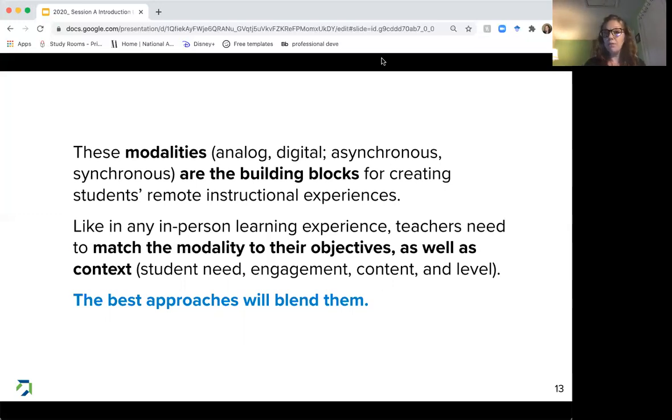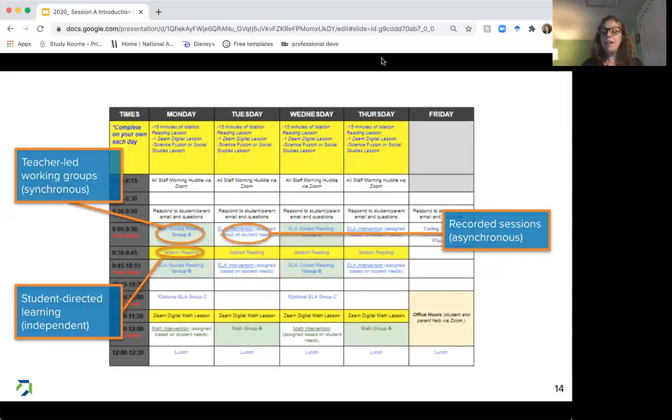Younger learners need different things than older learners need. The best approaches will blend them. We like to say they will blend them into what is basically a well-balanced meal for an experience for students. The blending can happen actually within a session or can happen over the course of the school day. This is a sample remote learning daily schedule in which you see at one point in the day, a teacher could be working with a teacher-led synchronous working group online, followed by iStation reading, which is student-directed independent practice.